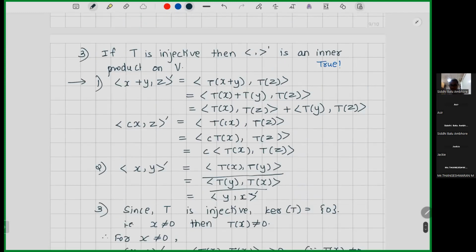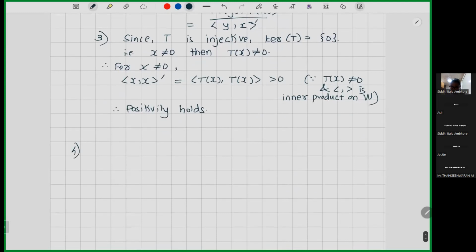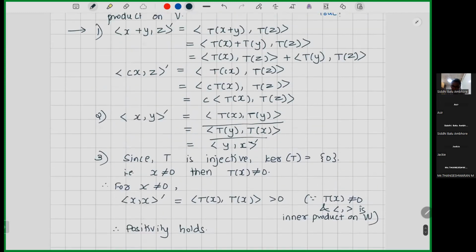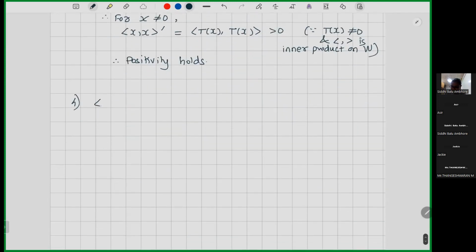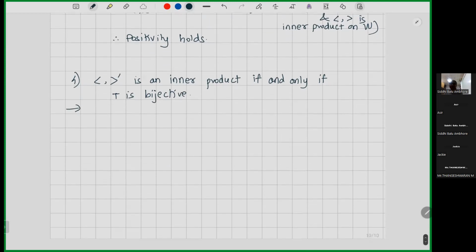Okay, so now the last part of this question, this fourth one: this again is an inner product if and only if T is bijective. So we proved that if T is injective, then inner product happens.